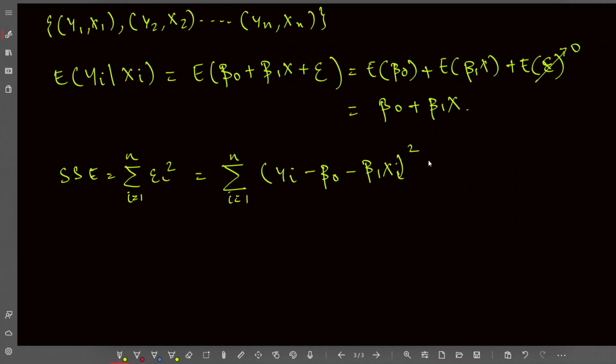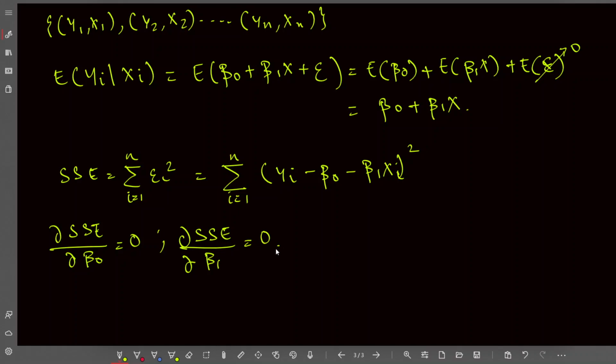Now, to find the optimal values of beta naught and beta 1 that will minimize the sum of square errors, I have to equate the partial derivatives of the sum of square errors with respect to beta naught and beta 1 to 0. Which basically means I have to find dou SSE by dou beta naught and equate it to 0, and also find dou SSE by dou beta 1 and equate it to 0.